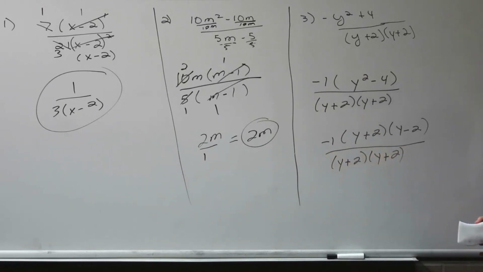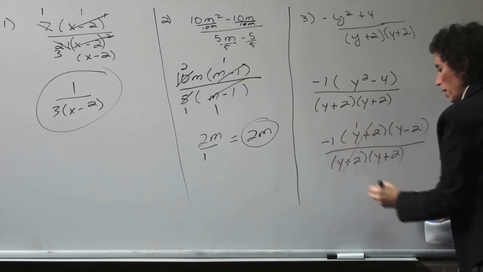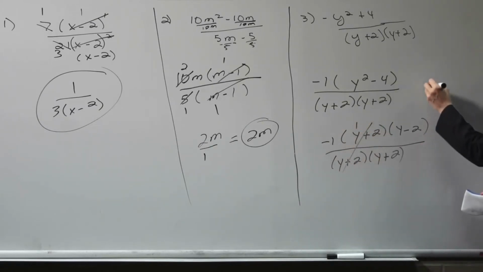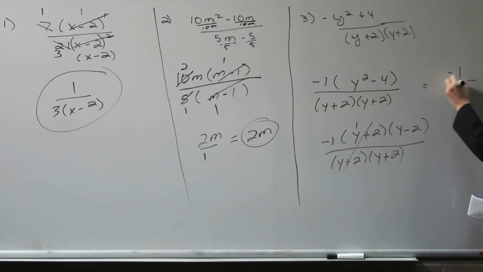And now we get to reduce. Good night. And I have as my final answer, ready? Negative 1 times y minus 2 over y plus 2. This is my final answer.